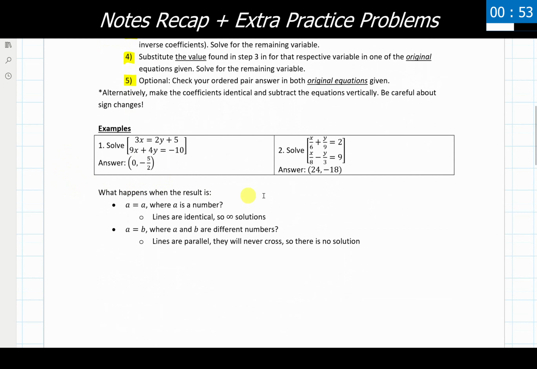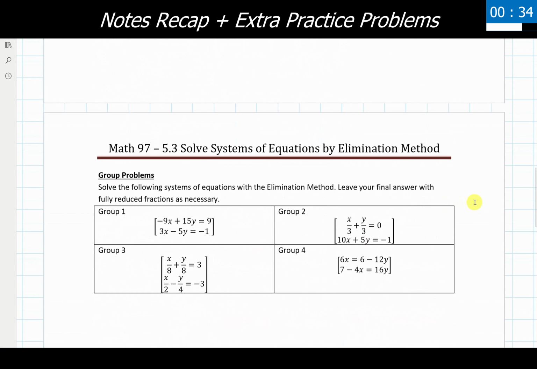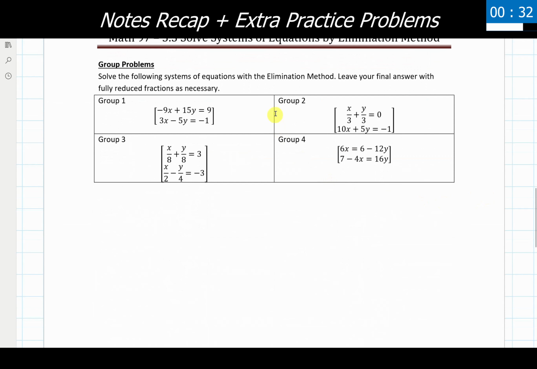We then had our two examples, the really gross examples showing up here, showing how we deal with fractions in these problems. We also had the warning that goes along with finding the additive inverses for coefficients or finding the same number for the coefficients. If you're looking for some extra practice, I do have 4 problems here.